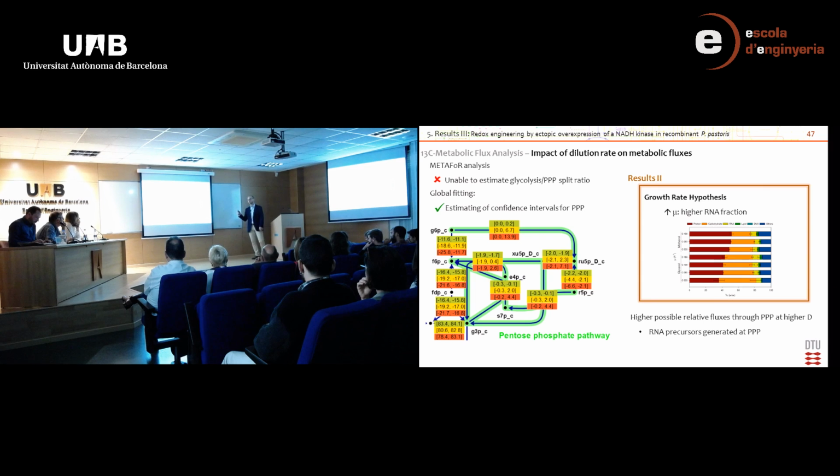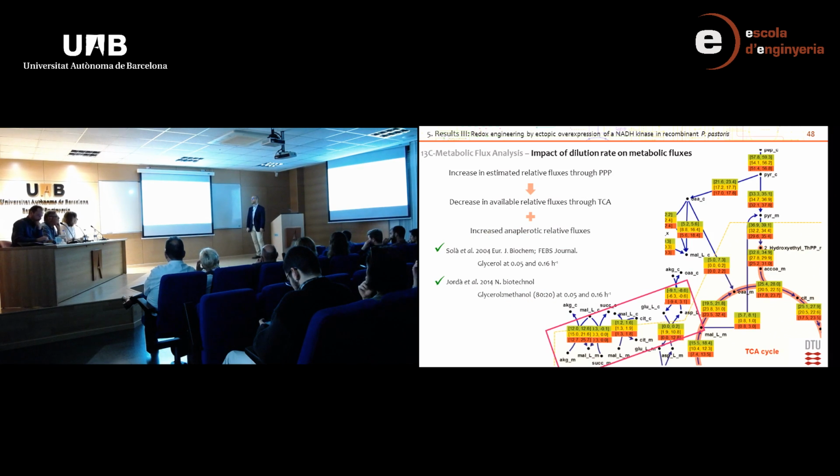This is in accordance with the results shown in the previous chapter of results about the growth rate hypothesis, which says that at higher growth rates we observe higher RNA content, since most of the RNA precursors are generated in the pentose phosphate pathway. If at higher dilution rates we have higher RNA fractions, it seems logical to think that the pathways giving these precursors are also enhanced.